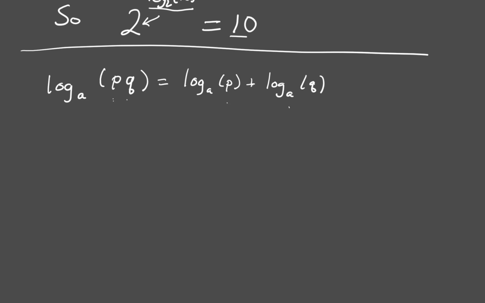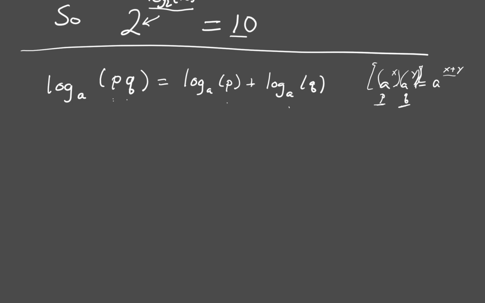This is the same thing as saying a to the x times a to the y equals a to the x plus y. If I think of this as p and this as q, the exponent I would put on a to get to p would be x, and to get to q would be y. If I want to get to their product, the exponent is the sum of the two exponents.